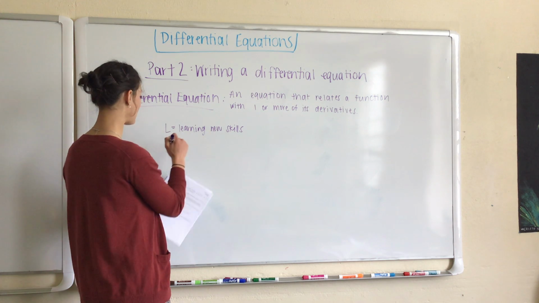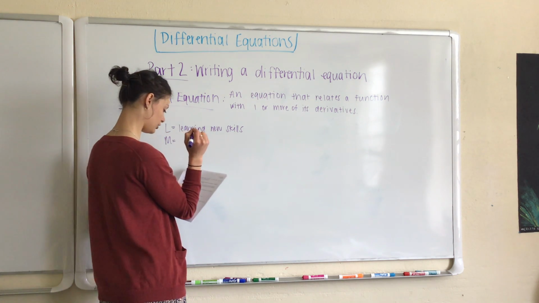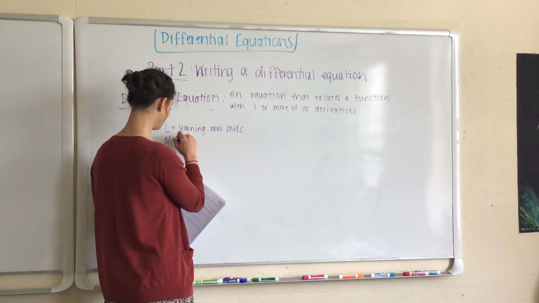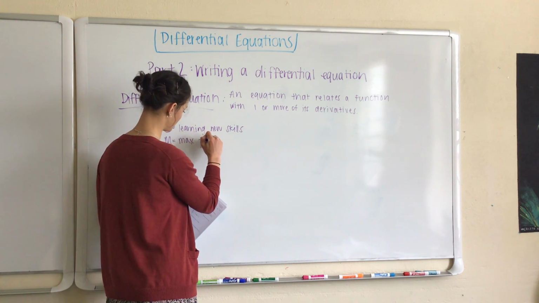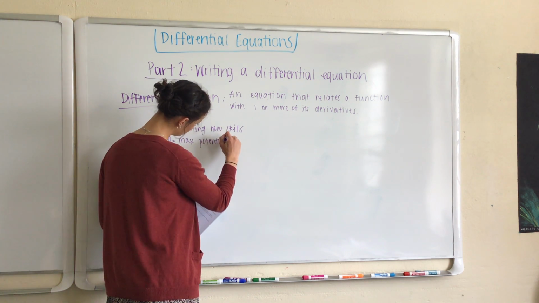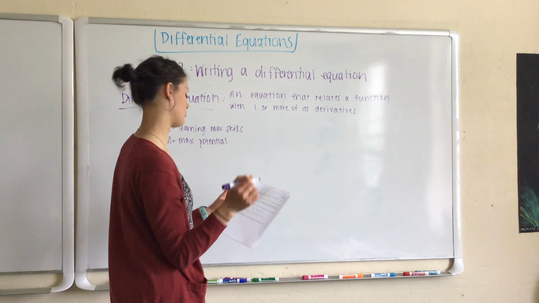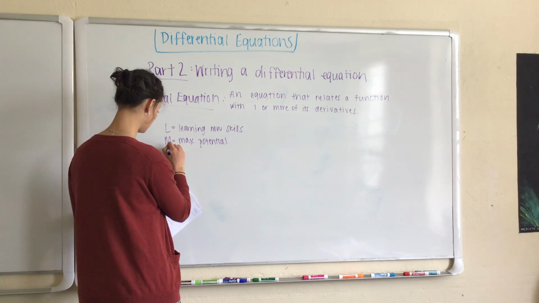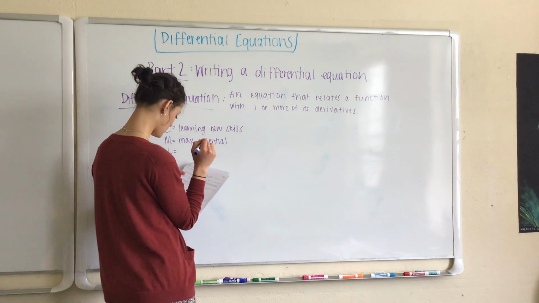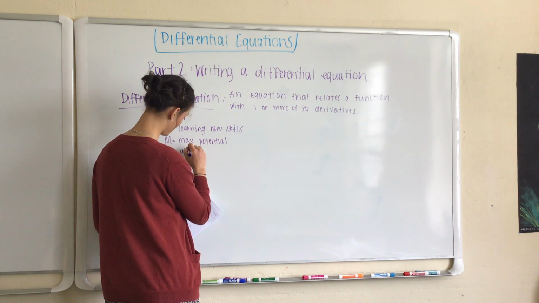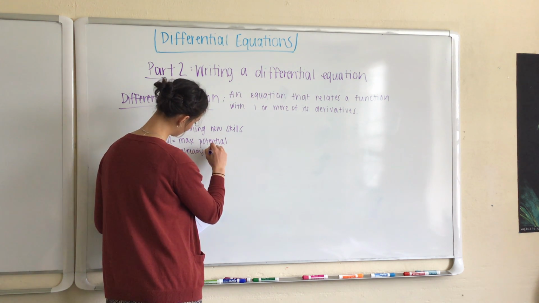And then they tell us M is equal to the maximum potential. I'm just going to put max potential, even though it's max potential for learning that skill. And L is the amount already learned. I'm just going to put already learned.